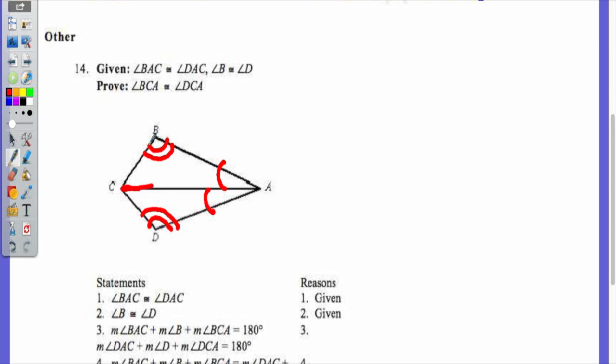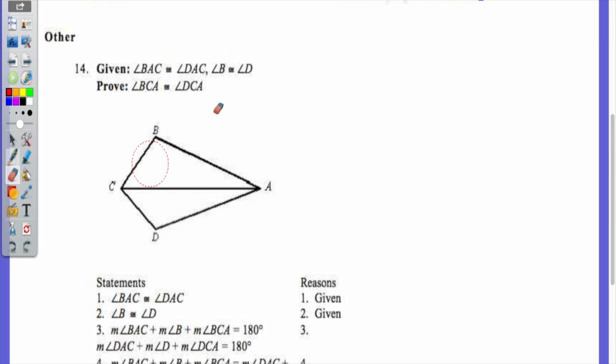We then proved that this side was congruent, correct? And we could have proved it by angle, side. If we did that, we could have done one more step and proved that these last two angles were congruent by corresponding parts of congruent triangles are congruent. This proof does not do that.